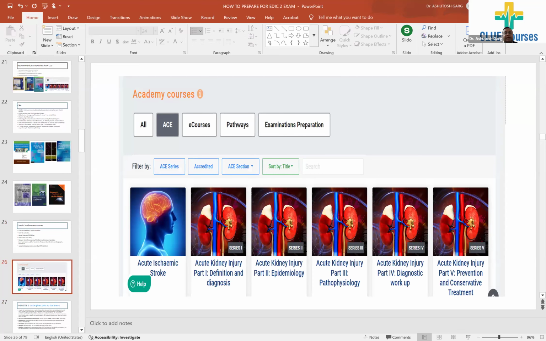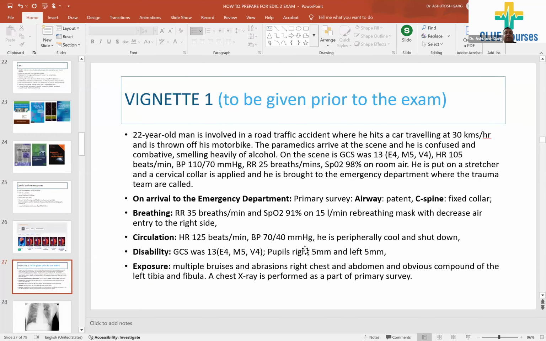Then these are the ACE modules, like acute ischemic stroke, and when you go through this module, you will get the patient challenges part at the end. You can solve those questions and you will get insight into how they ask in the exam.